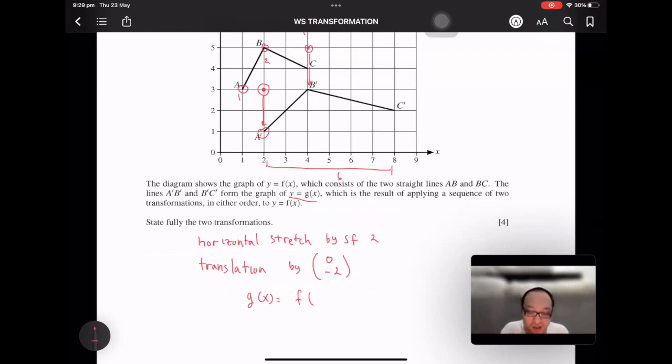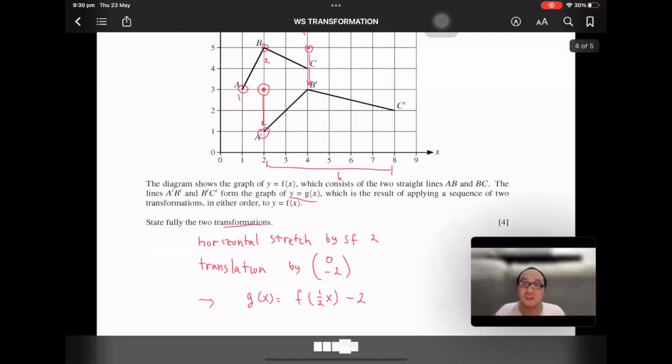So it's not multiplied by 2, but multiplied by half. So it's f of half x, and then translation by negative 2, so it's minus 2. So this is the notation. But they only ask you for the two transformations without writing the notation.